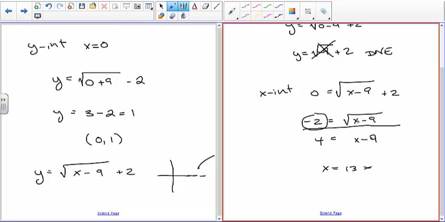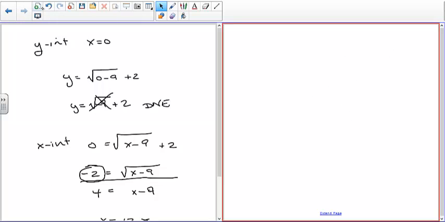What you're doing here is finding out what number to plug in to get positive 2, which would be 13 minus 9, which is 4. Square root of 4 is 2. But at this point, you'd have to say the x-intercept does not exist, because of this issue. And I didn't take off for that, so it's not quite simple.